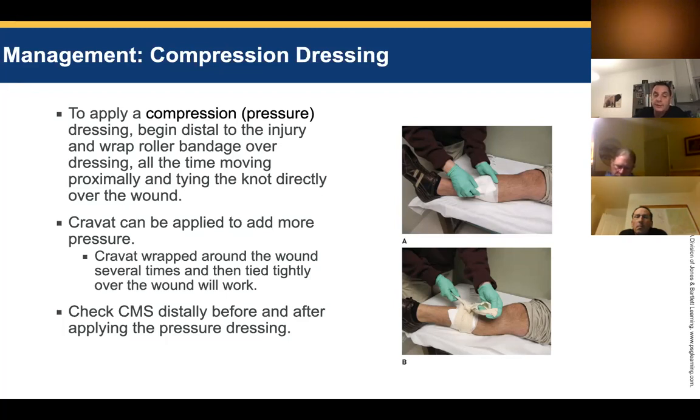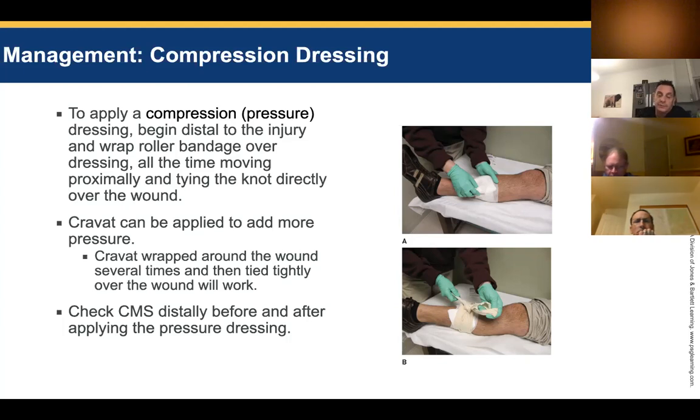And you want to check vitals distal. So you want to check for pulse, feeling, sensation, distal to the pressure dressing that you just put on. So here it's showing the lower leg. You're going to want to check and see if you can feel a pedal pulse in their foot.